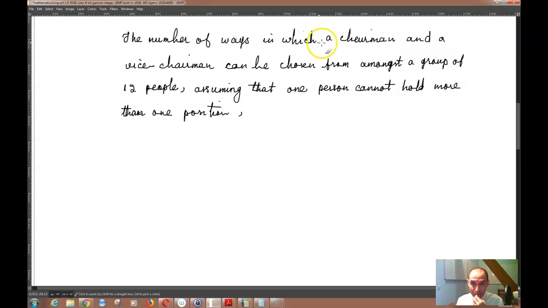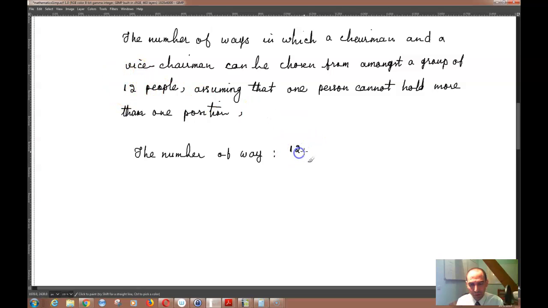So the number of ways that you can do that would be basically selecting 2 people from among 12 people.